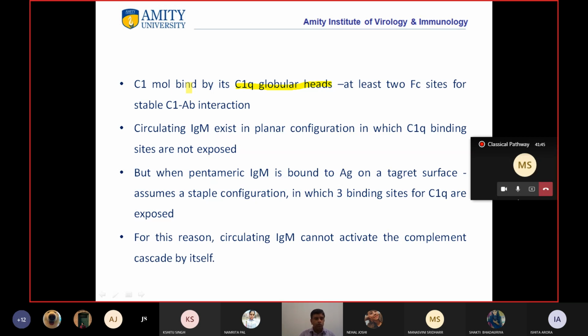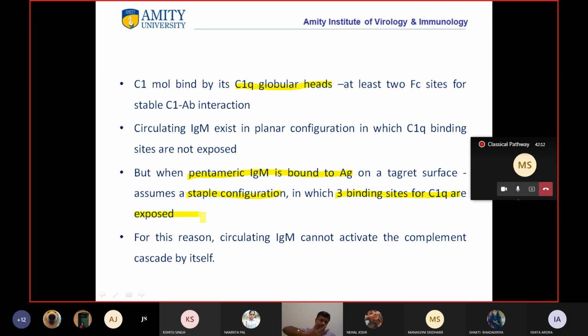When pentameric IgM is bound to antigen on a target surface, it assumes a staple configuration in which 3 binding sites for C1Q are exposed. Let me just explain this. So suppose this is a pentamer of IgM.